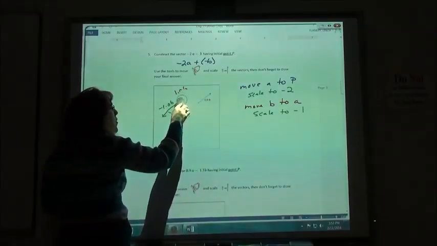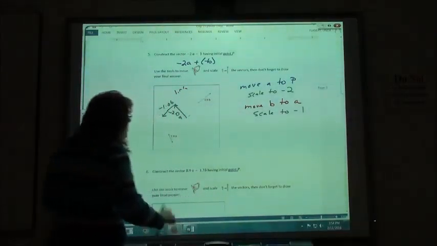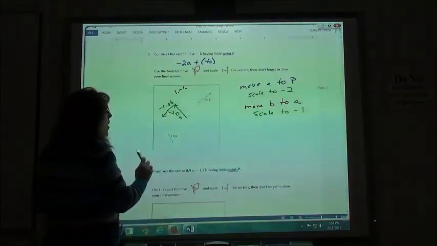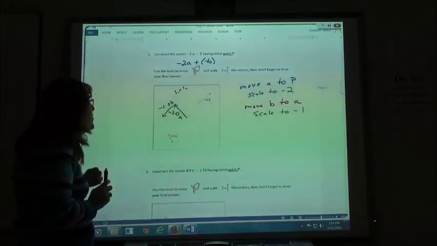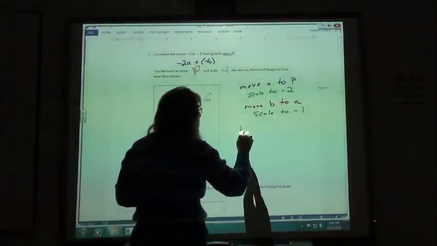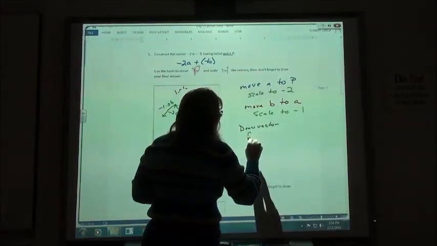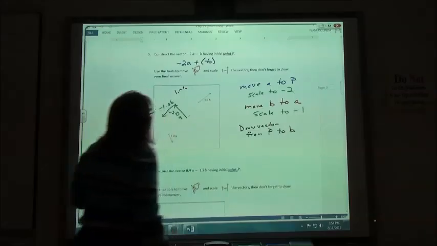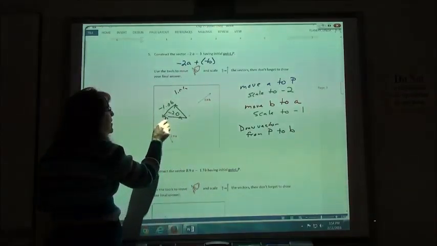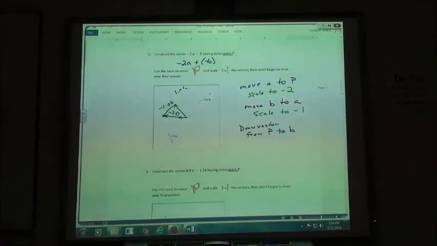So now instead of pointing that way, it's pointing the other way. Once I have this one labeled negative 2.0a, this one labeled negative 1.0b, then I'm going to draw the vector from P to B. So starting at P to the end of B, and I'm just going to see that little triangle there when I'm done.